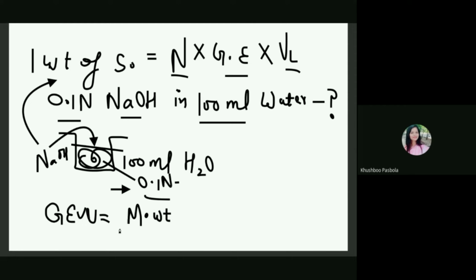Molecular weight divided by, now if I have a base, as you all know NaOH is a base. HCl is an acid, H2SO4 is an acid, HNO3 is an acid, and NaOH, KOH are bases.